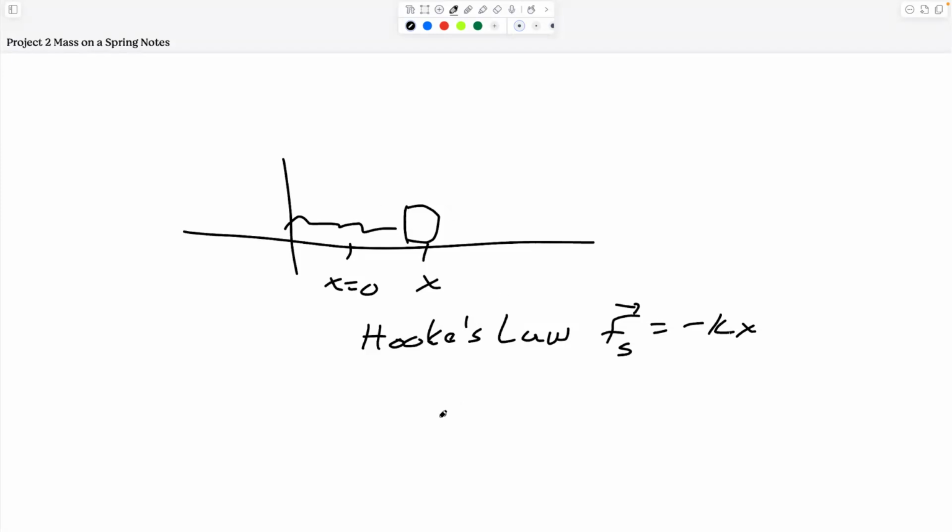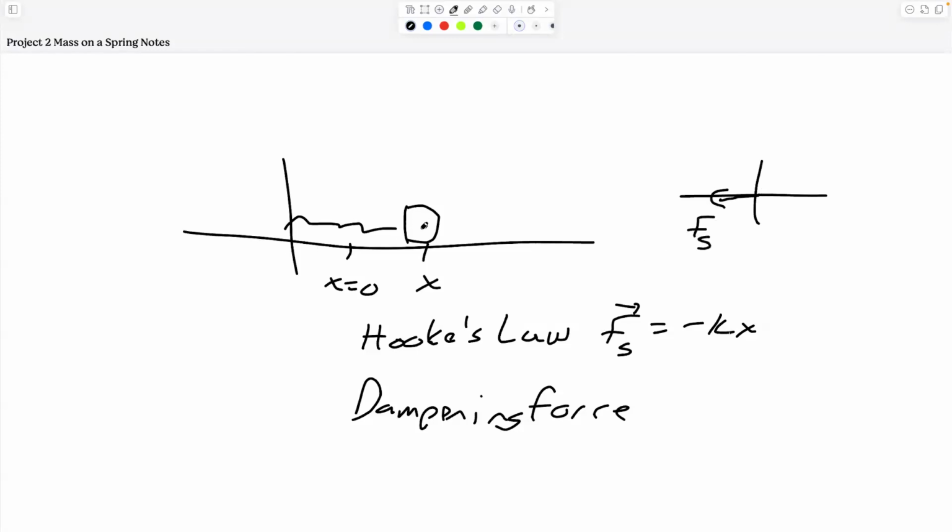We're going to throw in a dampening force. So if I draw a free body diagram here, at this moment in time, my restoring force, Hooke's law, is pushing me back to the left.